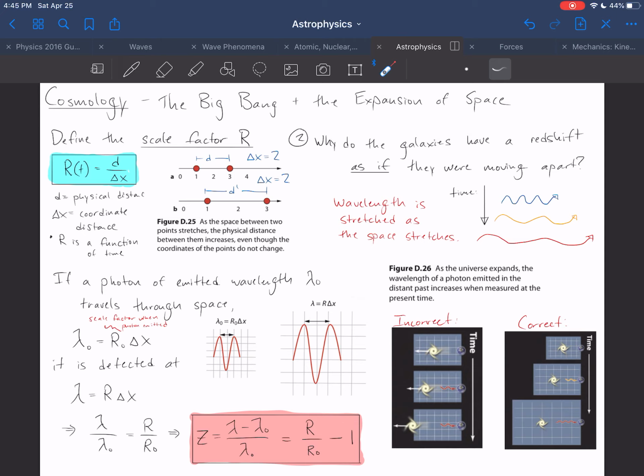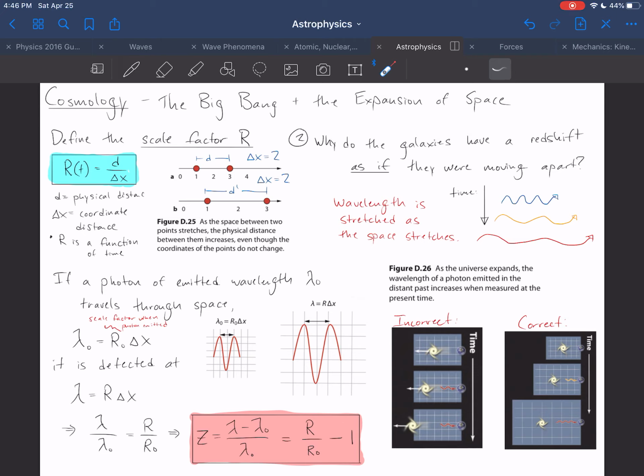This can be shown here. If the emitted wavelength lambda 0 is equal to the scale factor when the photon is emitted times delta x, that coordinate distance, then, notice what we're doing here is we're plugging lambda 0 in for d. Then it is detected at a new wavelength, lambda, which is equal to the scale factor, whatever it is, times that coordinate distance.